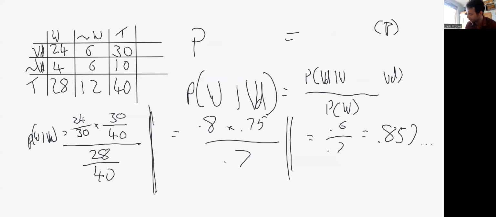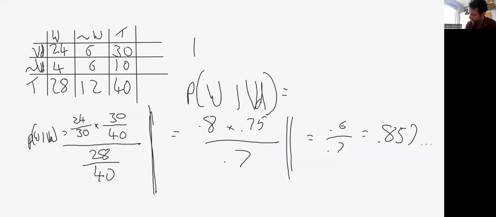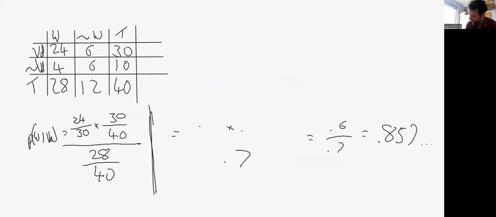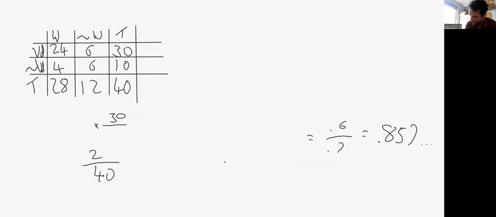We've already got this. I'll rewrite the 0.85 in the corner so that we know what we're aiming for.